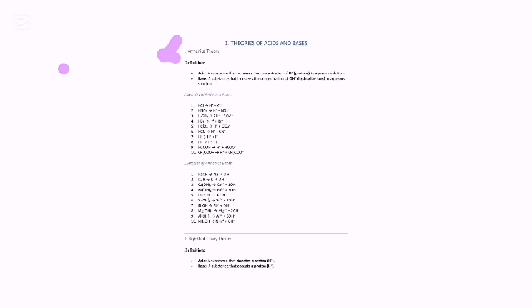Anything which dissolves in water to increase the positive ions.